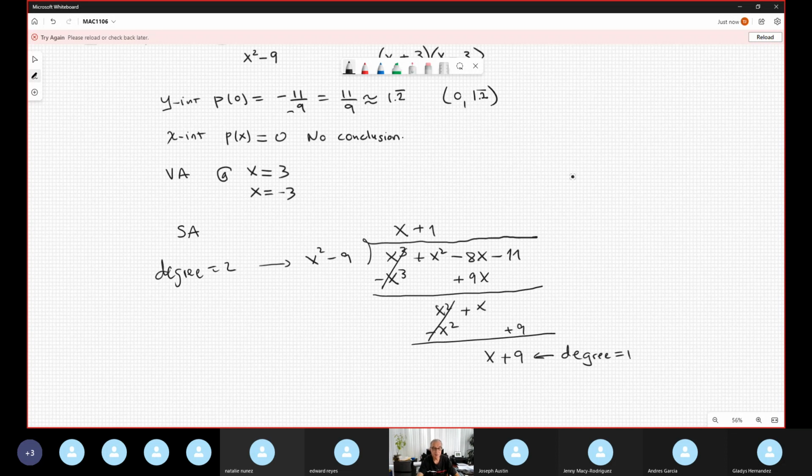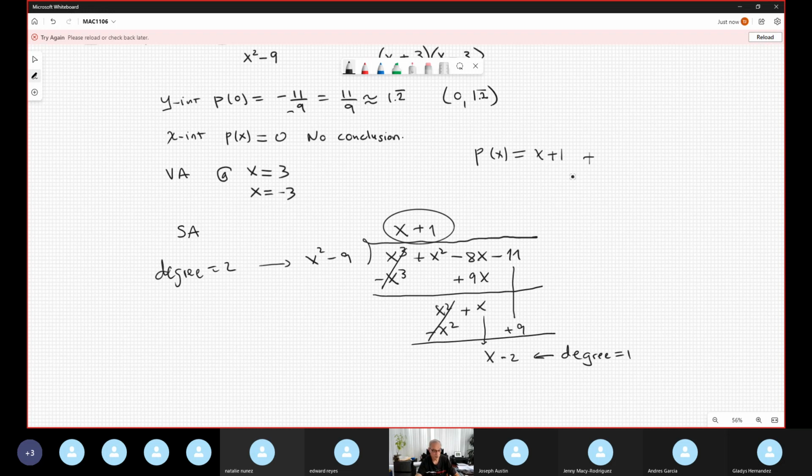So basically, my function p of x is the quotient x plus 1 plus... oh, sorry, I made a mistake here. This is not 9, it's negative 2. Look, this is negative 11 plus 9, and negative 2. You're subtracting this by column. This just brings down.